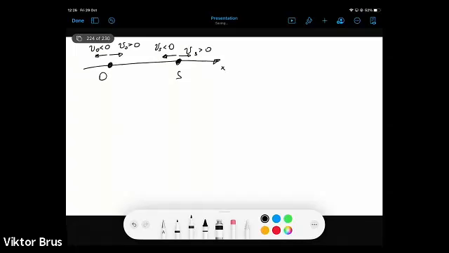And we will obviously deal now not with a stationary, but a mobile observer or source, or even both of them can move simultaneously.